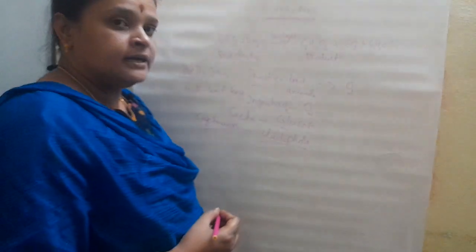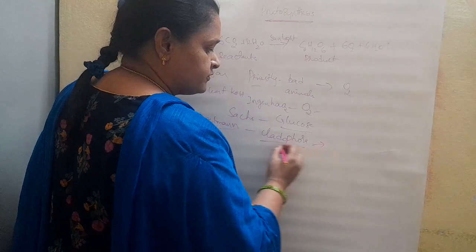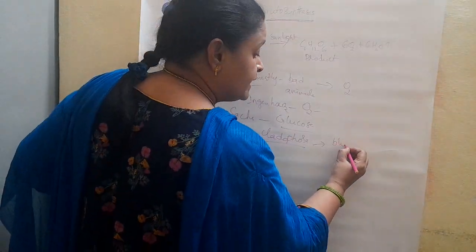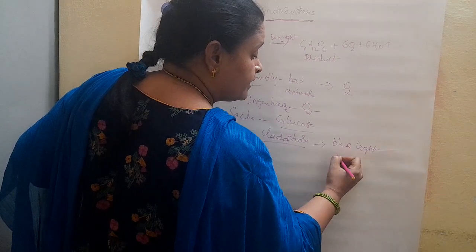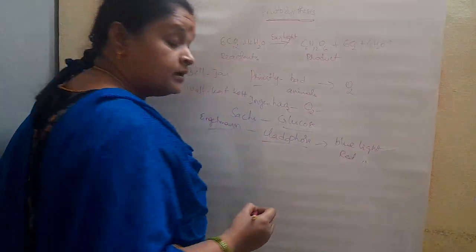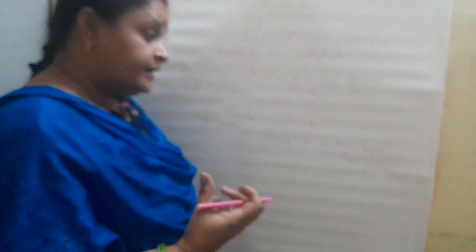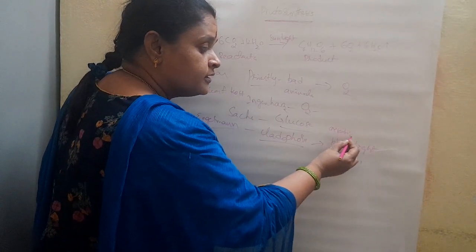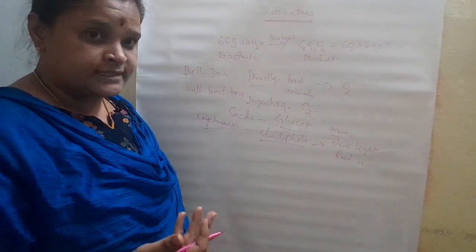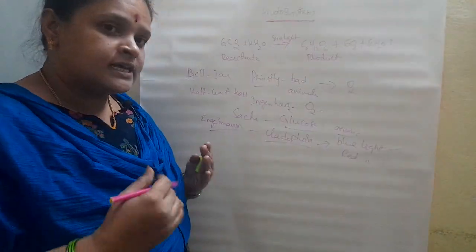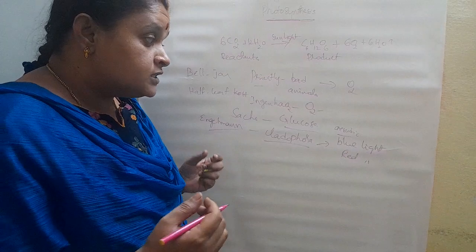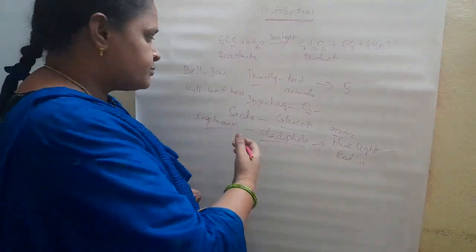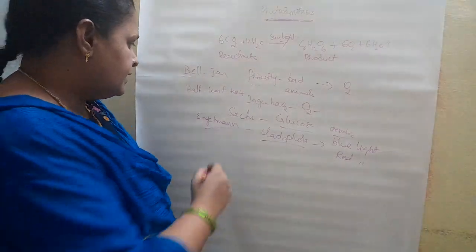He observed that during photosynthesis of Cladophora, aerobic bacteria accumulated mainly in blue light and red light. That indicates that aerobic bacteria need what? Oxygen. So oxygen is evolved in photosynthesis, which is more at which light? Blue light and red light. Okay, that is explained by Engelmann.